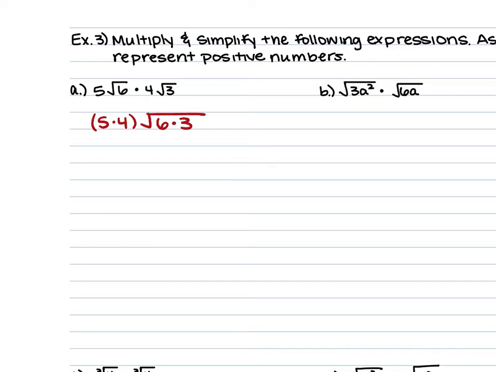Now, if it was me, I wouldn't multiply the 6 and the 3 together because my factors of 6 are 2 and 3. So I know that these two 3's are going to pair up, and that 3 is going to come out, and the 2 is going to be left over. So in reality, I'm doing 20 times 3 square root 2. The 20 times the 3 gives us 60. We keep the square root of 2 attached to it, so it's just 60 square root 2.